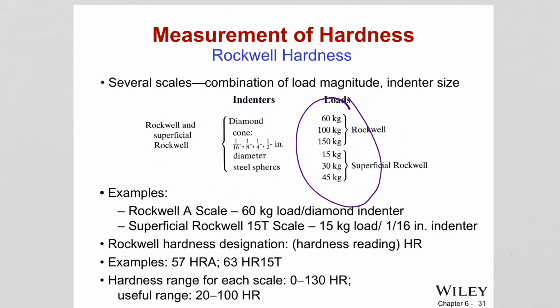How they figure out how it's related to the strength is they collect data as a function of this hardness number: what is the actual tensile strength, let's say. From that data, you build a diagram of strength versus hardness number.